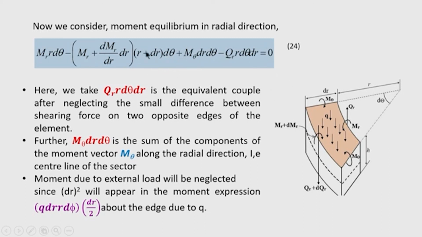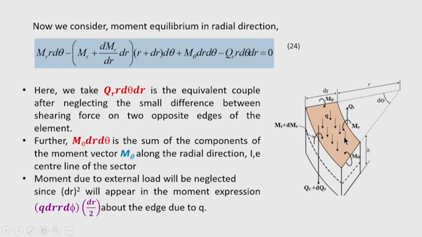First we take the moment, and then you can note here that on this side the force is upward q_r, and on the other side q_r + dq_r. Okay. So, we take q_r r dθ dr because this term is small. So, we can take these two forces, q_r and q_r, which are equal and opposite in nature.